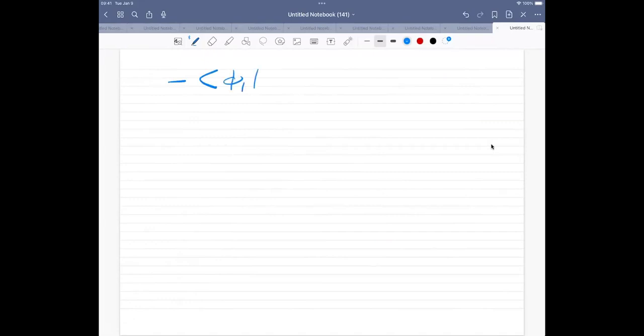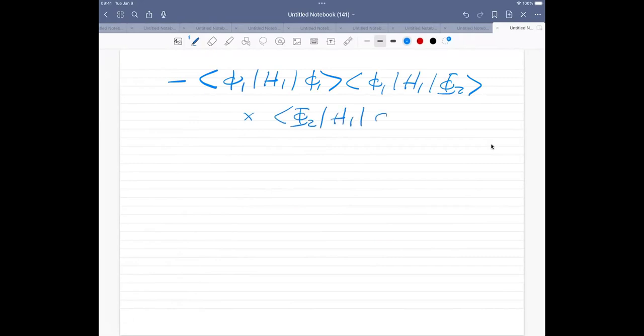So to third order, this is going to be given by HI of phi 2 multiplied with phi 2 HI of phi 1 divided by epsilon 1 minus epsilon 2 squared. And this term is also equal to 0.